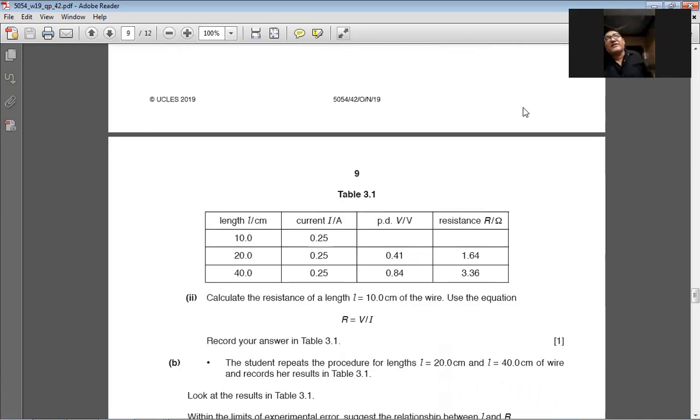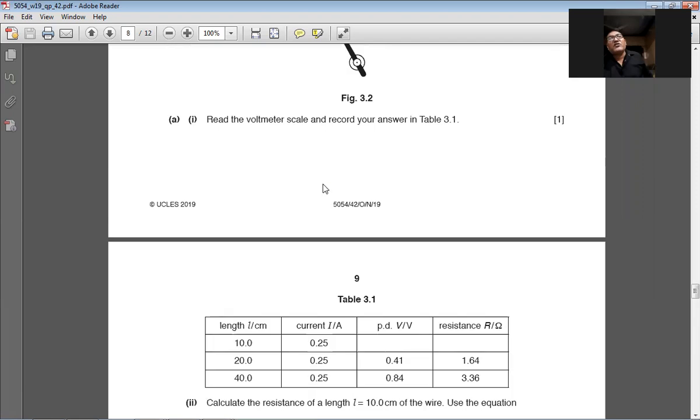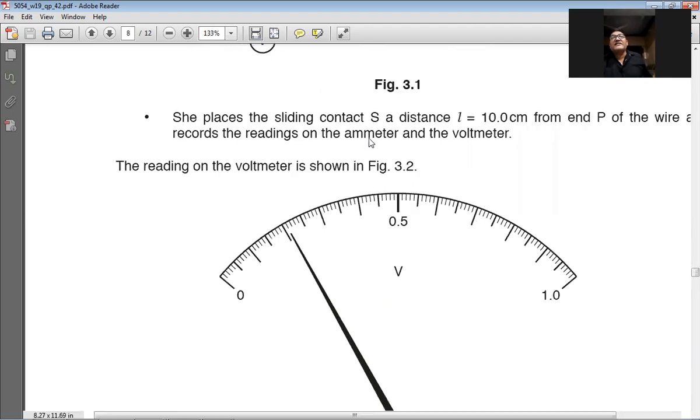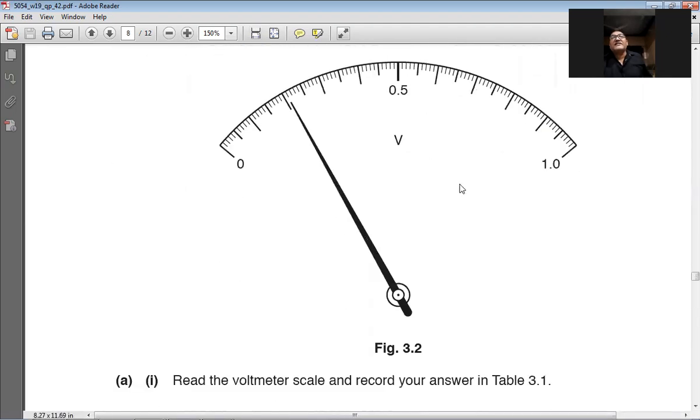So here we have a table 3.1 where I have to record the reading on the voltmeter. Let's increase the size a bit. You can see this is the voltmeter. This is 0 and this is 0.5. So it will be 0.1, 0.2, 0.3, 0.4, and that's 0.5.